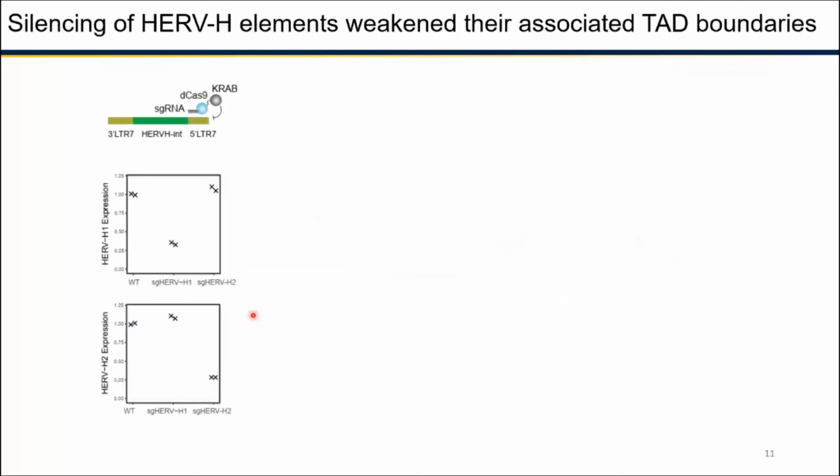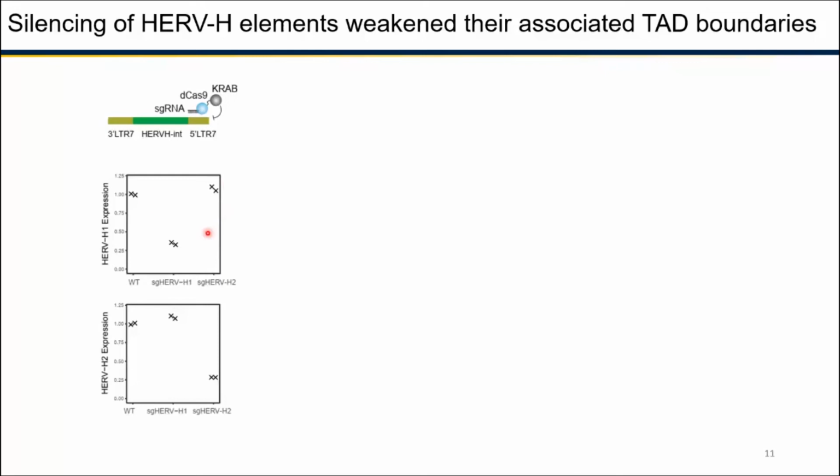In the previous slides, I mentioned that there is a correlation between the HERV-H expression and the TAD boundary strength. So in addition to the knockouts, we investigated whether the HERV-H transcription is also necessary for the boundary formation. We blocked the transcription of 2 HERV-Hs by the dCas9-KRAB system and 2 guide RNAs targeting the promoters.